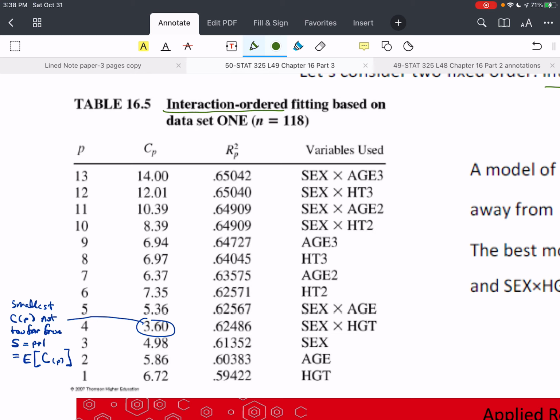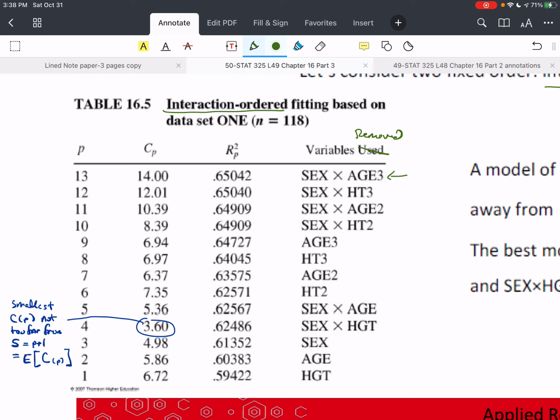Remember, it's called a training data set, so we do the selection on that training data set, and then we fit that model to the validation data set, and we see the difference, that shrinkage in R squared.